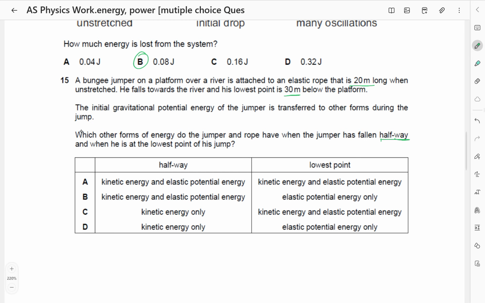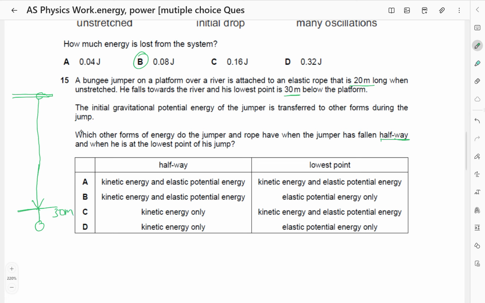So let's try to elaborate this with a simple diagram. Let's say this is the point where the rope is attached. If the jumper is to be at the lowest point, then he is supposed to be at 30 meters from this platform.